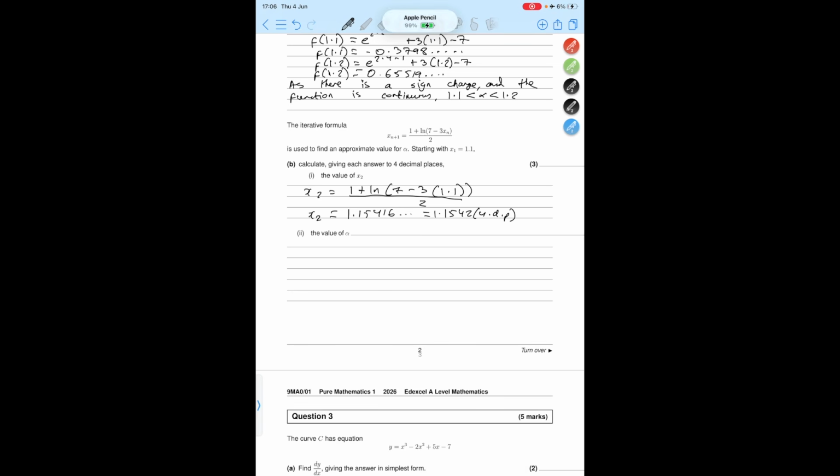And now to find the value of alpha, what's really good is if you use the answer function in your calculator. I use a silver calculator, I don't have a scientific calculator, you can just keep spamming your equals sign over and over again.